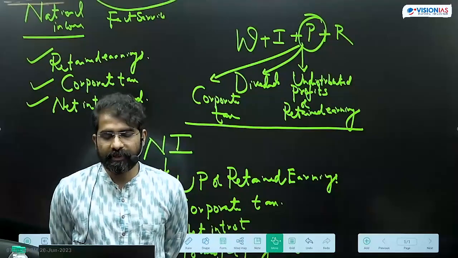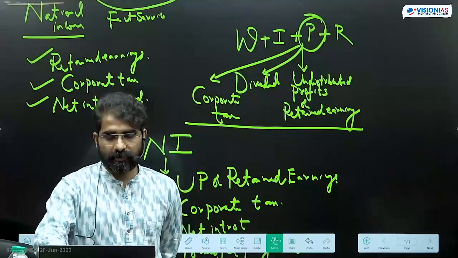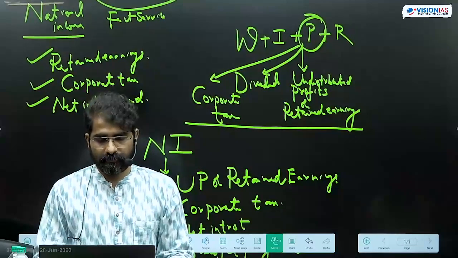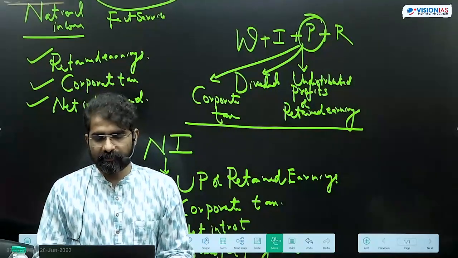Then put the heading personal disposable income. Personal disposable income, write down.